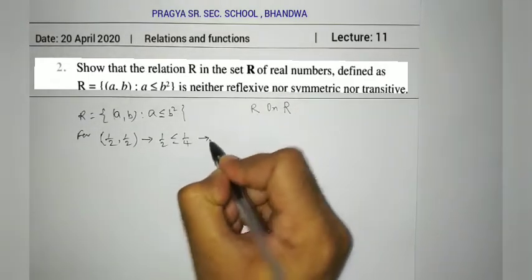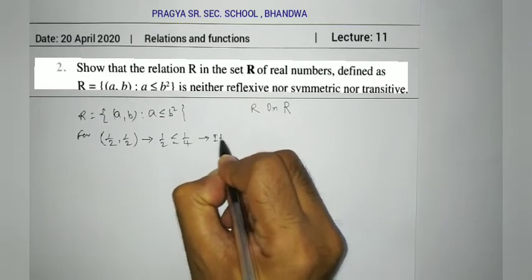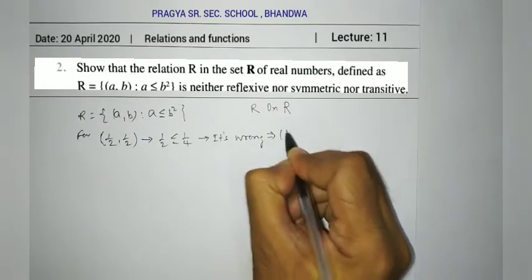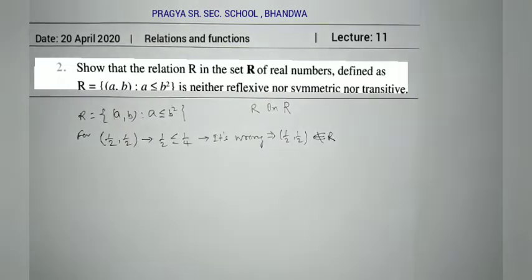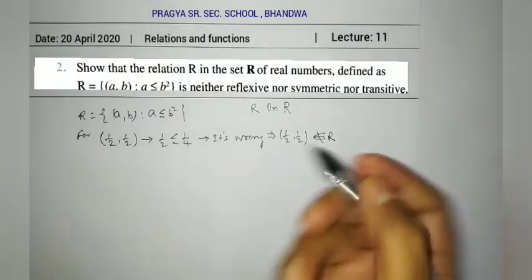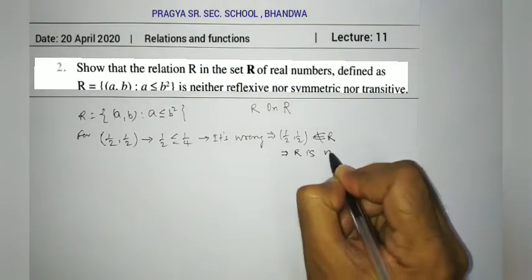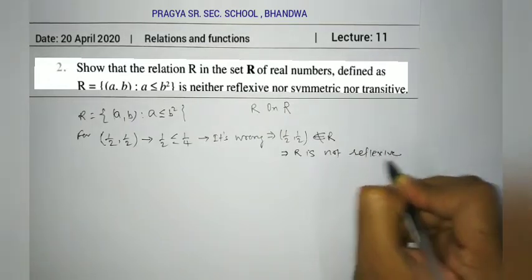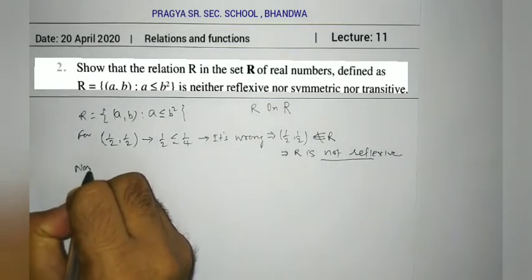We can see very clearly it's a wrong statement. This implies (half, half) does not belong to the relation. If it does not belong to the relation, we can conclude that R is not reflexive.